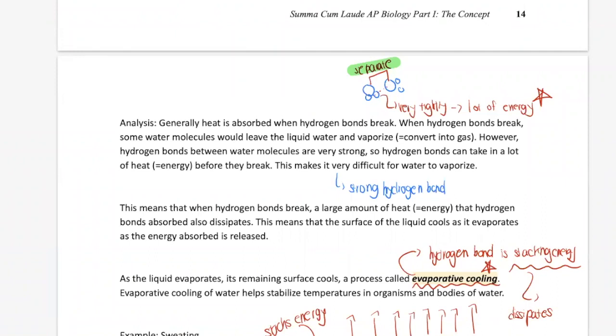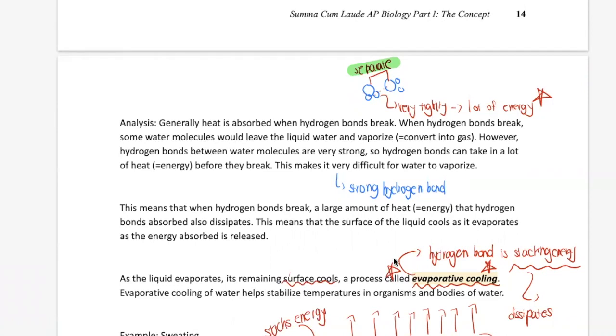So energy is released, right? So it causes a sudden temperature decrease, cooling the surface. So we're cooling the surface, okay? This effect is called evaporative cooling. This is why we sweat when we're really warm or hot.